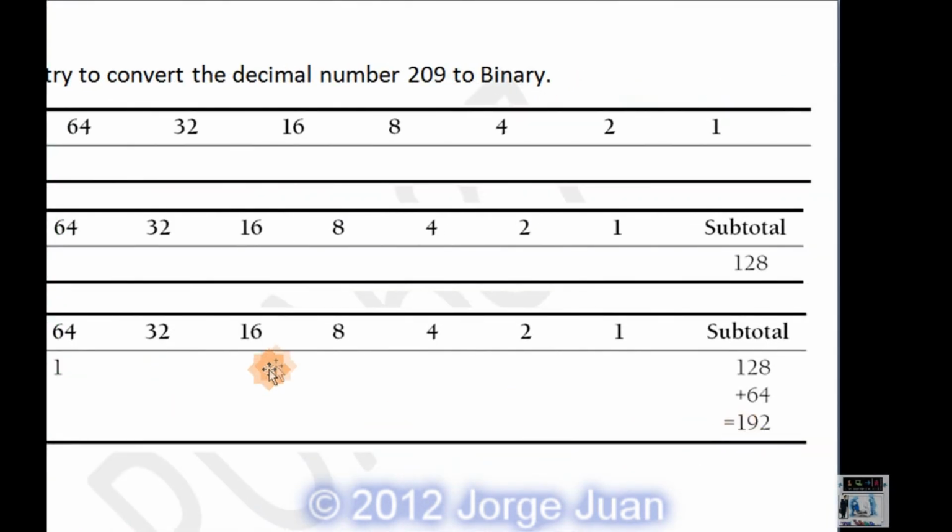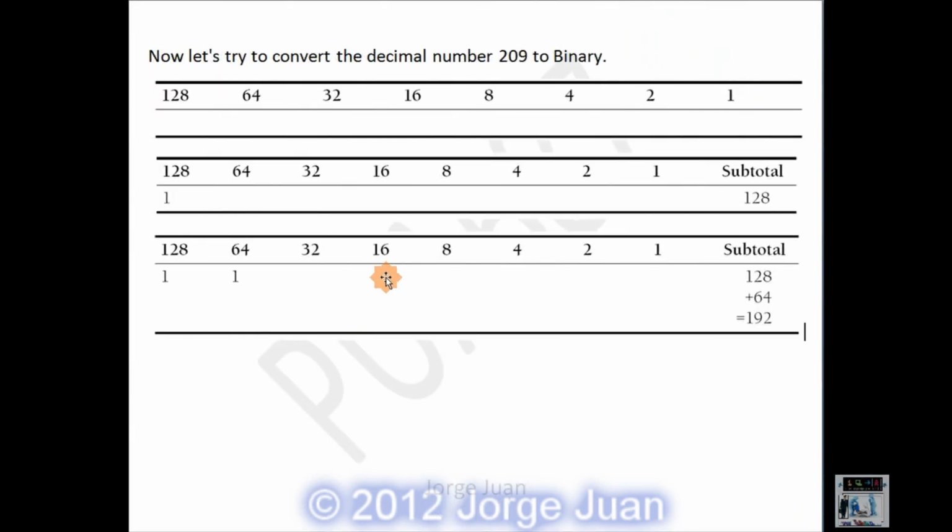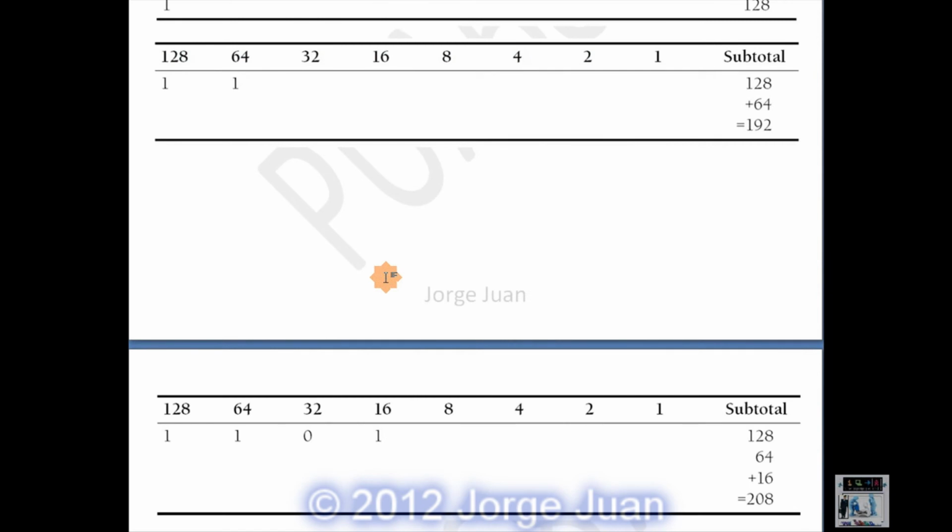Now if we add 16 to the 192 we have, is that going to make the number larger than 209? So 192 and 16 is 208. No, it's not. So we will put a 1 on the 16 position and a 0 on the 32 position. So this is what it looks like once we do that.